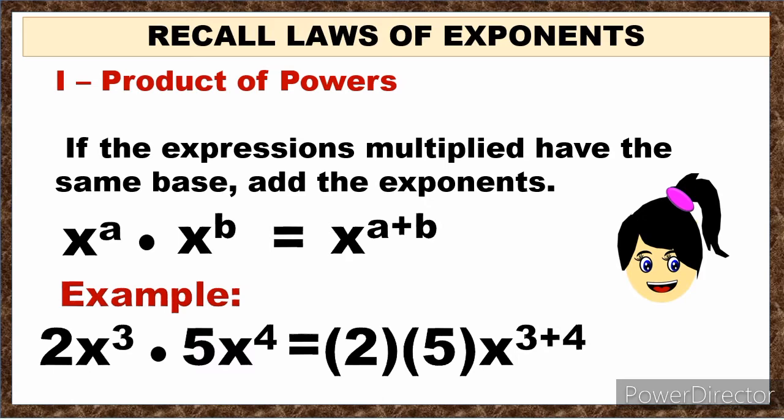We have 3 plus 4. So, i-multiply natin yung numerical coefficient, tapos ipag-add natin yung exponent ng same variable, which is x. So, 2 times 5 is equal to 10, and x raised to 3 plus 4 is 7. Therefore, the answer is 10x raised to 7.